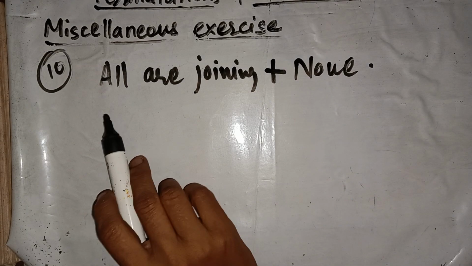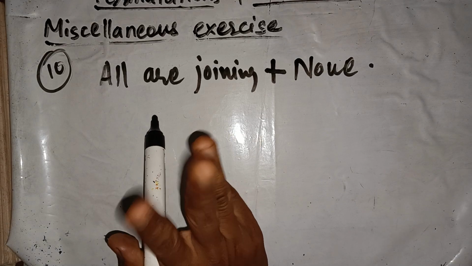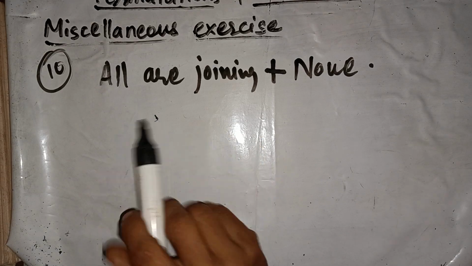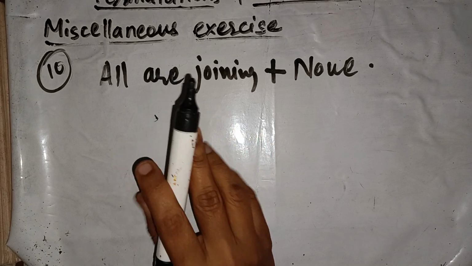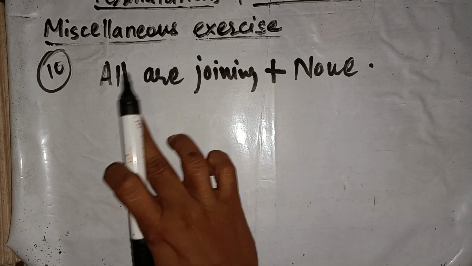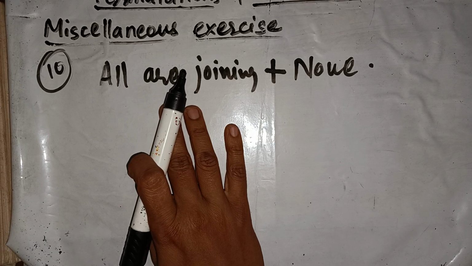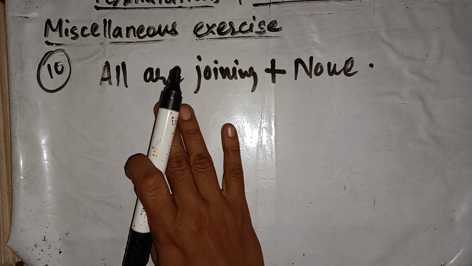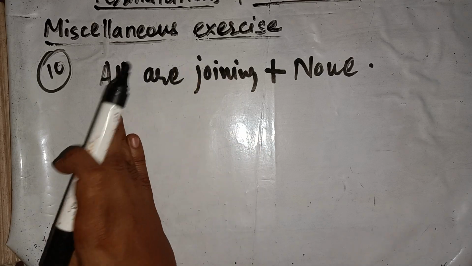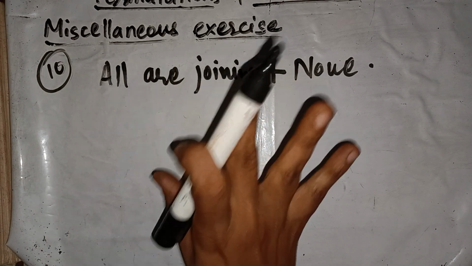If all 3 join, 25 students are there, from those 3 have already joined, so remaining are 22.